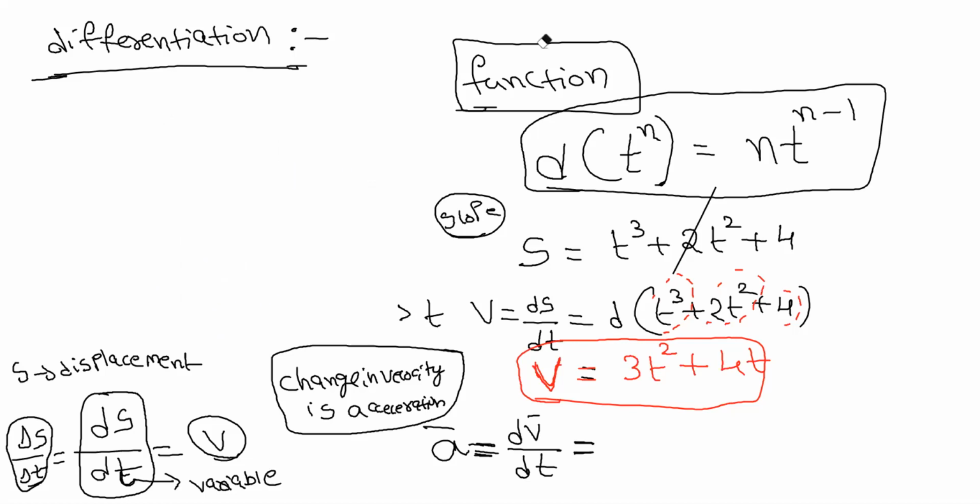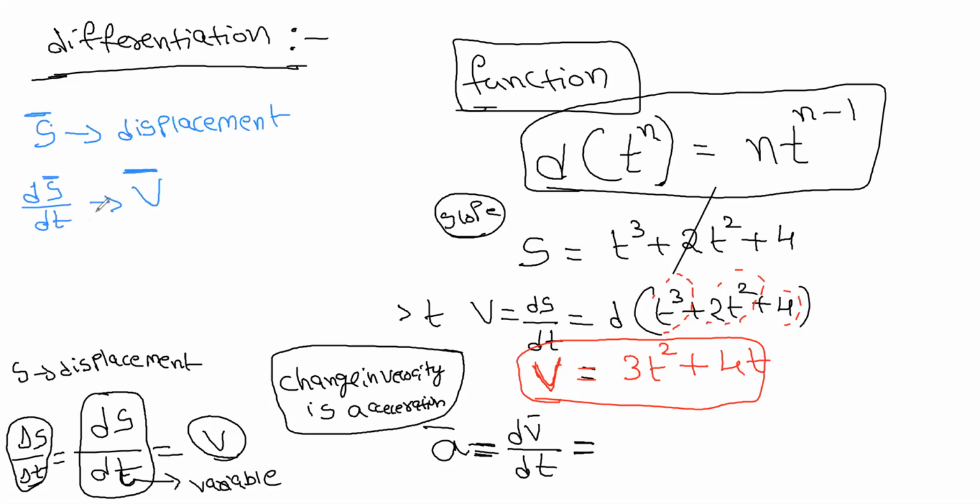So if S is a displacement, and you do the first differentiation, that is ds by dt, the change in displacement, we will get velocity. Velocity is a vector quantity, and displacement is also a vector quantity.